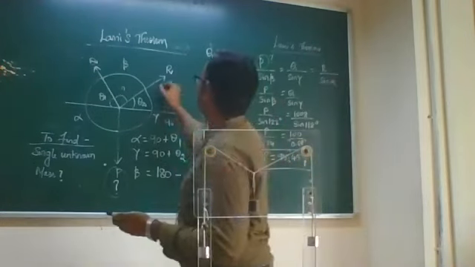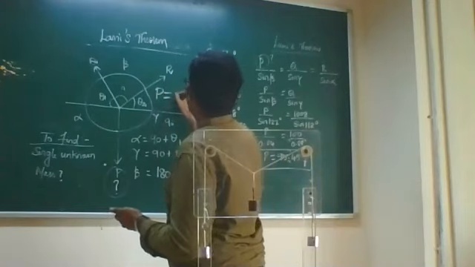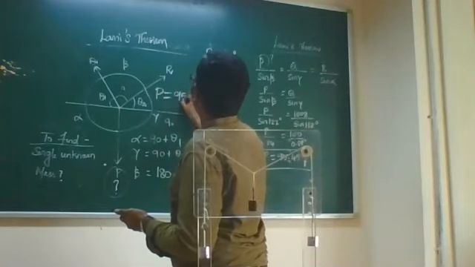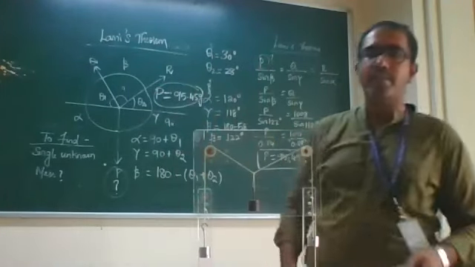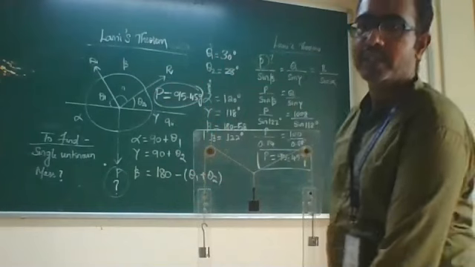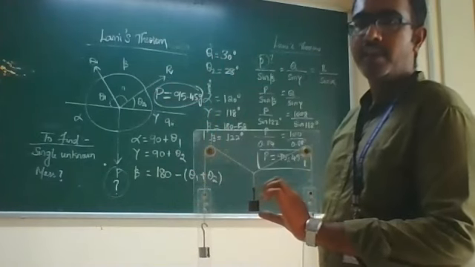So the P value using Lami's theorem is 95.45 grams. The middle weight we have achieved using Lami's theorem is around 95.45.